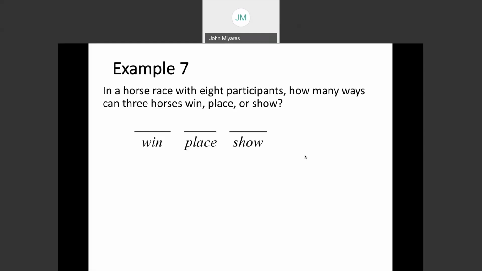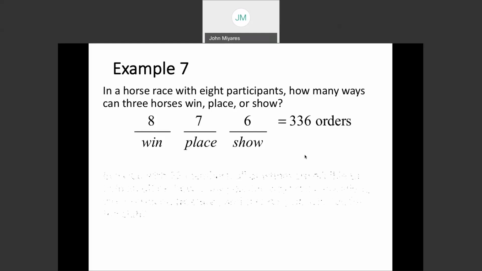It will start in a similar fashion in that there are only 8 possible winners of the race. Once the winner is chosen, only 7 horses are left for second place, and then we have 6 horses left for third place. When we multiply this together, that's just going to be 336 options, since we really don't care about what happens with the last 5 horses at all.